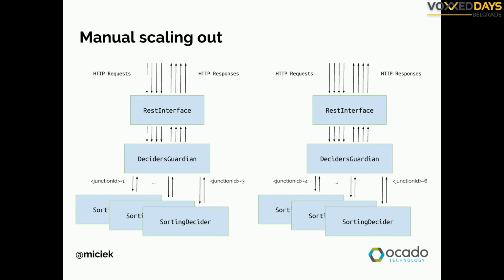Based on the HTTP requests that come in, it needs to decide whether to forward to the right or left node. The second problem with manual scaling out is that whenever the right node dies, we have functionality for 1, 2 and 3, but not for 4, 5 and 6, even though we have the business logic here. We could just move it, but this doesn't work like that. We need to do it manually.